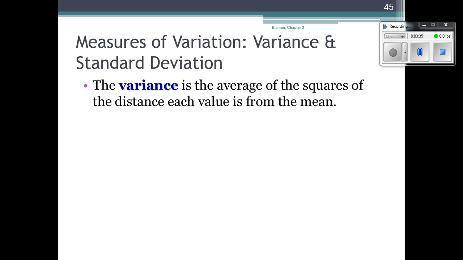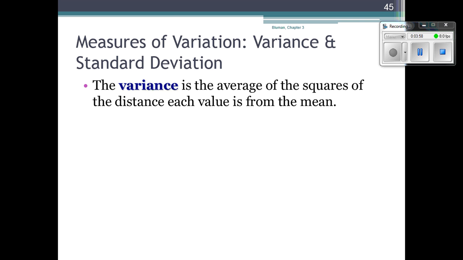Okay, variance. The definition for variance really doesn't give us any more detail on what it actually is, so I'm just going to stick with the definition from the book. It's the average of the squares of the distance each value is from the mean.